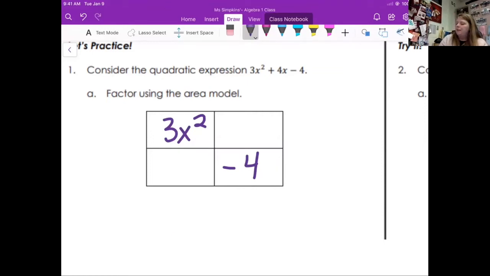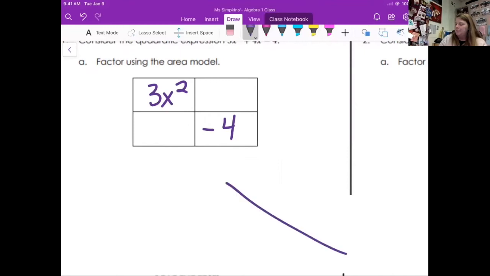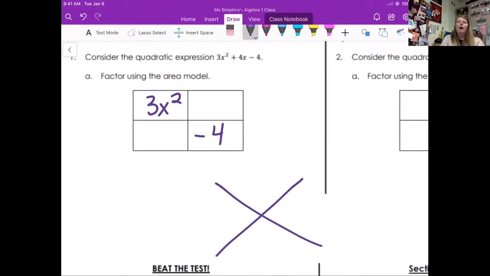So I want you to make a big X on your paper. On the bottom of the X, we're going to put that middle term. That middle term is 4x. On the top of the X, we are going to write the product of 3x squared and -4.